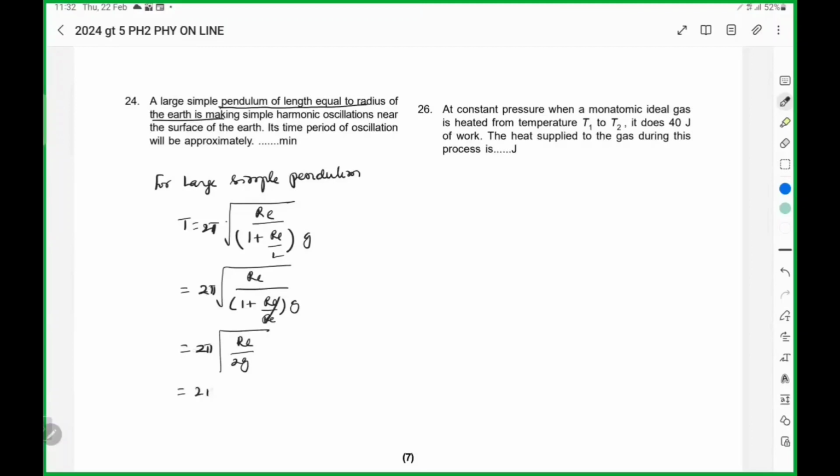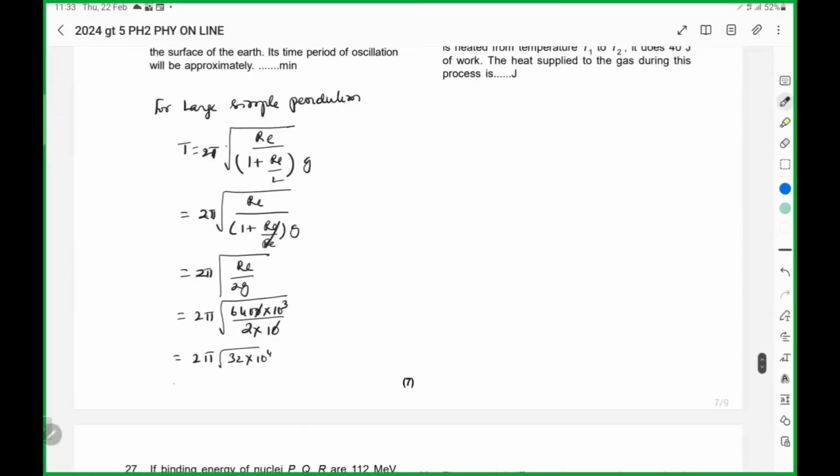So radius of Earth, you know it, 6,400 kilometers. g, if you take 10, so it is 2 pi into root 32 into 10 power 4.